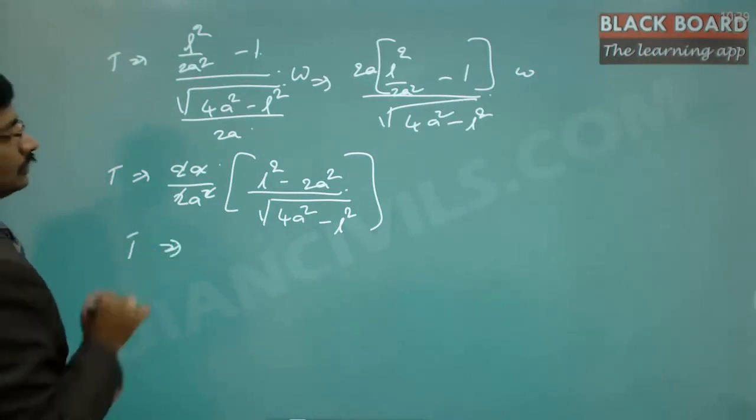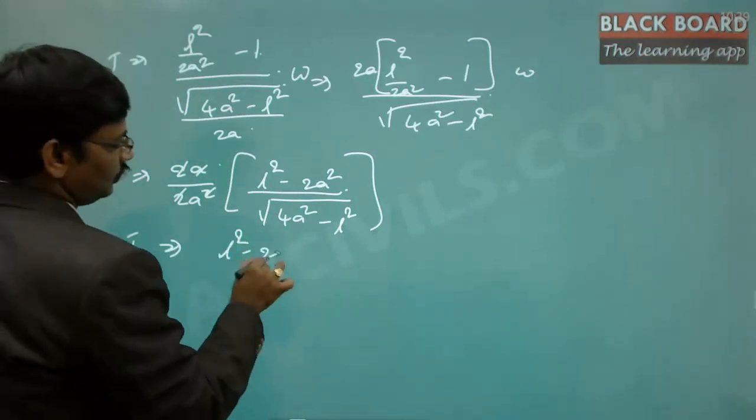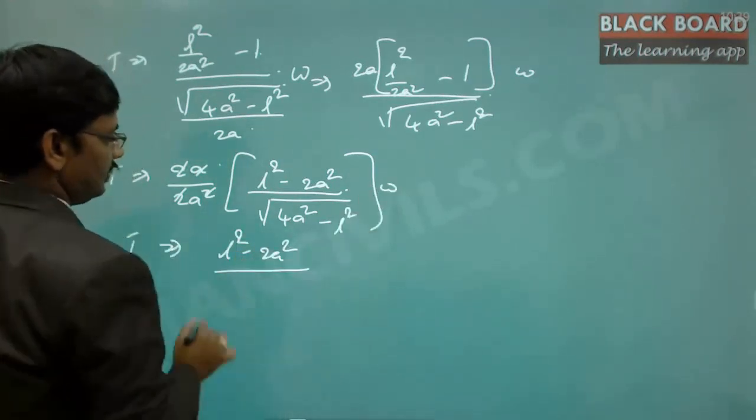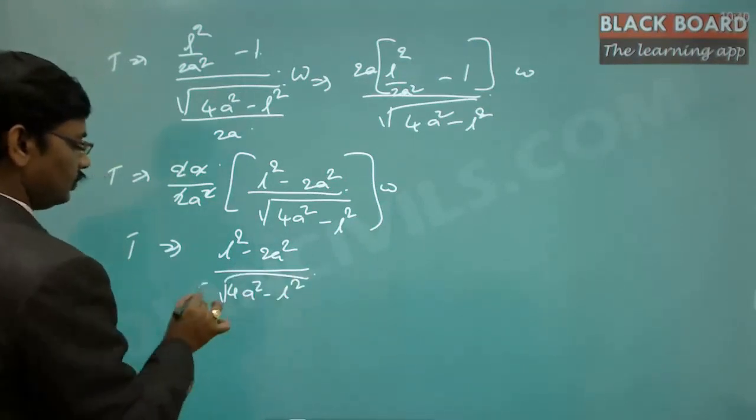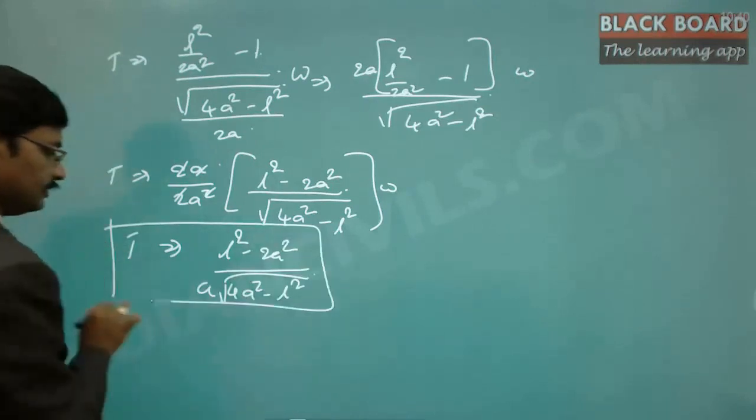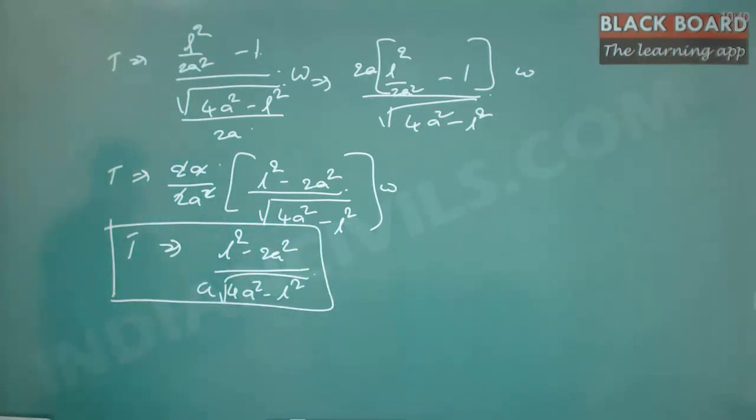So T is equal to (L square minus 2a square) divided by the square root of (4a square minus L square), times W. This is the answer. Got it? Yeah, that's correct.